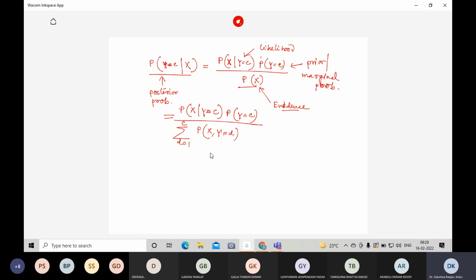So here we get the summation over the joint probability distribution. In place of this evidence probability of x, we can write the summation over this joint probability distribution.